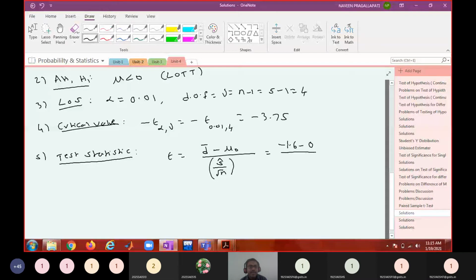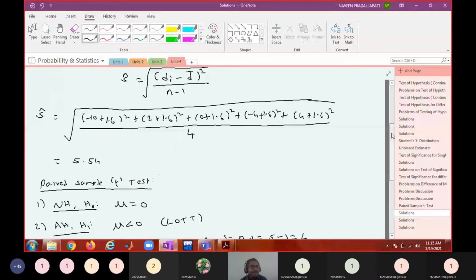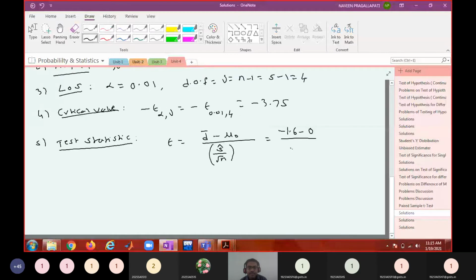How much is s cap? 5.54 divided by root 5. What is this value? Minus 0.644.